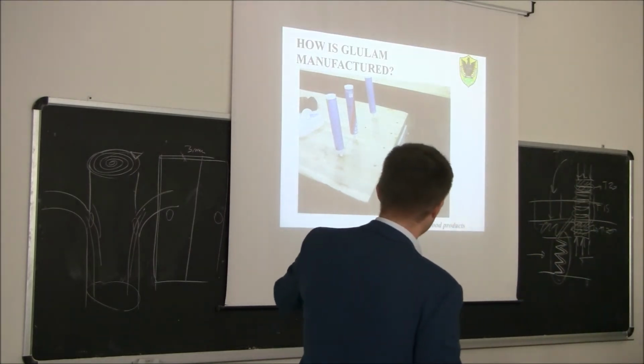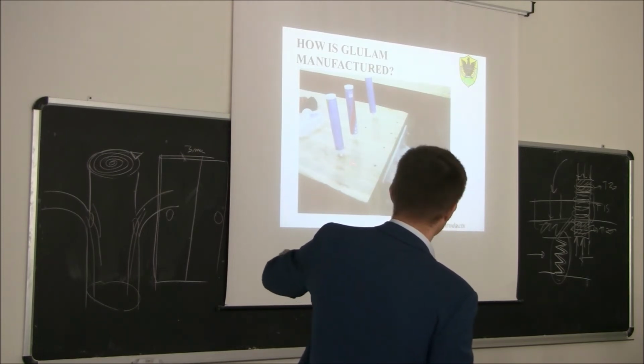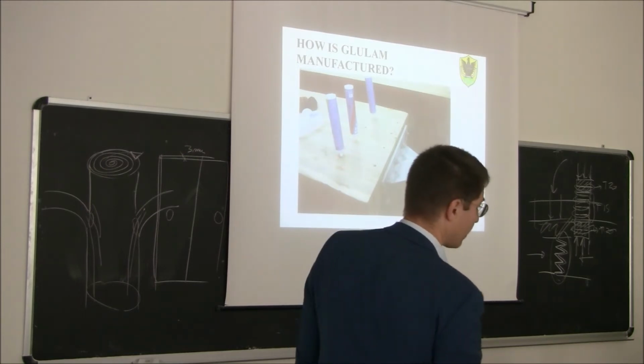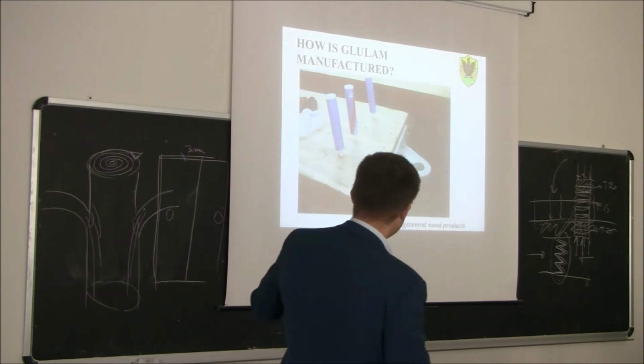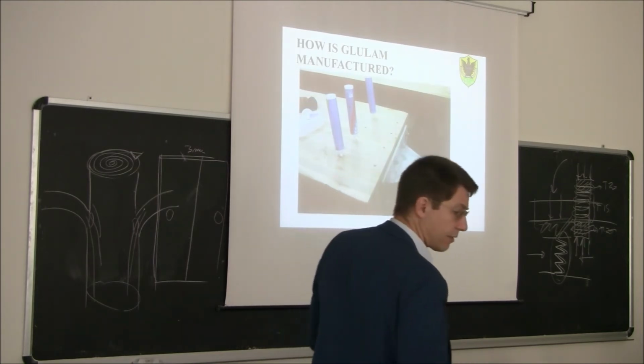So there are some holes here going inside the wood. And there are some threaded rods. And from this vertical point here, there is some epoxy resin which is basically pressed inside. And this resin is going to fill the gap between the hole in the wood and the threaded rod.